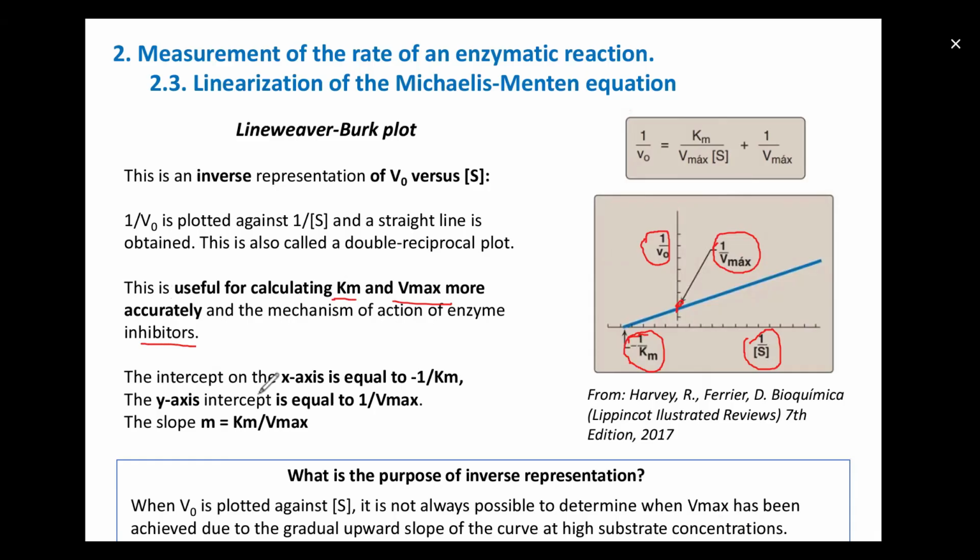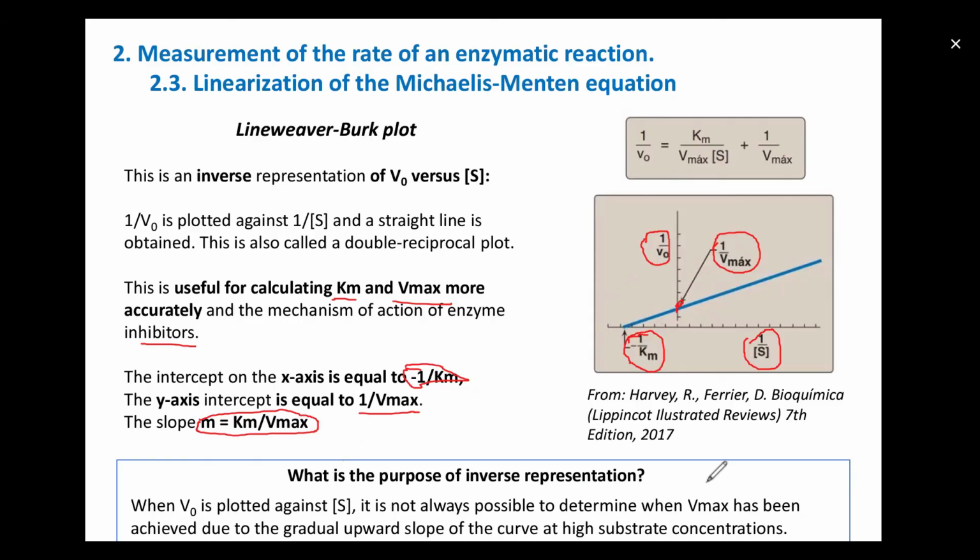The intercept on the x-axis is minus 1 over Km, and the intercept on the y-axis is 1 over Vmax. The slope of the graph, m, is Km over Vmax.